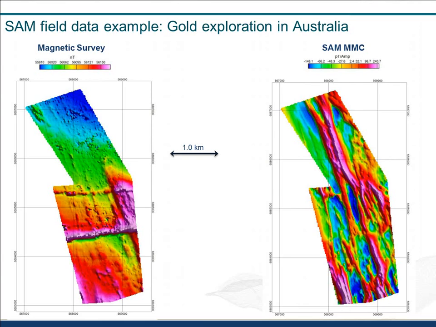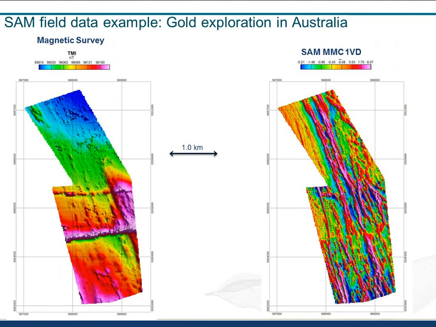So these are the data results. On the left, we have the total field magnetic survey, as you get from any other mag survey. On the right, we have the Magnetometric Conductivity, so it's a derived parameter from the on-time data. And you can see relatively high resolution of the response across the survey area. So given a high resolution, you can take a vertical derivative of the conductivity, which is a bit challenging to think about, but you're really looking at trends.